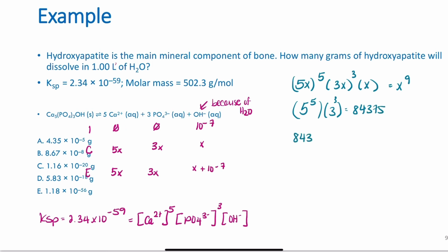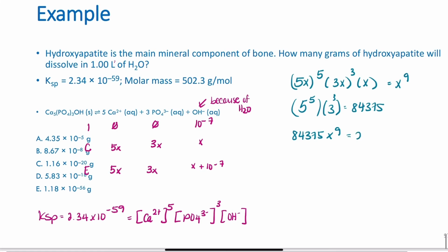So 84375 x to the ninth is equal to 2.34 times 10 to the minus 59. Solve for x here. X is 8.67 times 10 to the minus 8th molar.